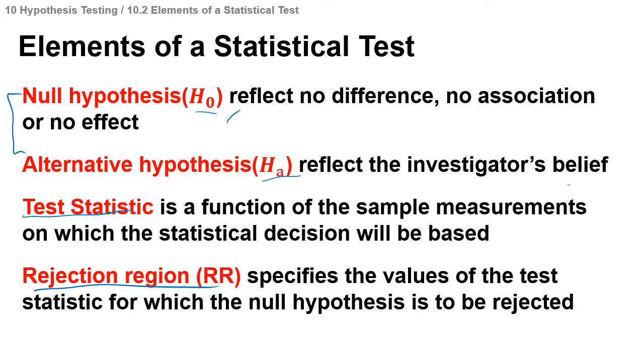This rejection region specifies the values of the test statistic for which the null hypothesis is to be rejected. So we use a distributional assumption and make a rejection region based on that distribution. Let's go into more detail on the following slide.